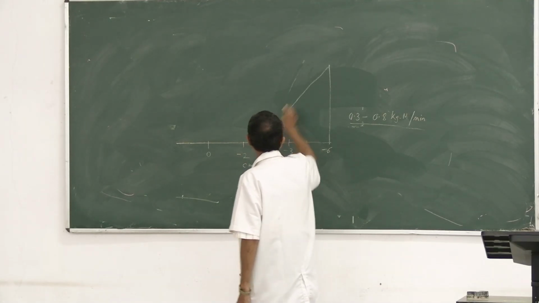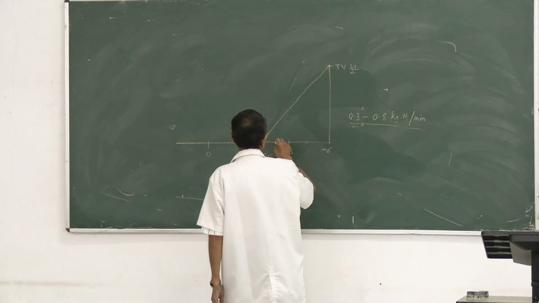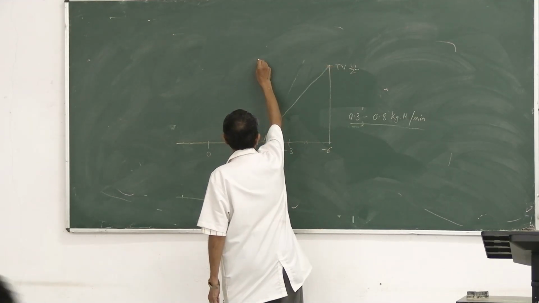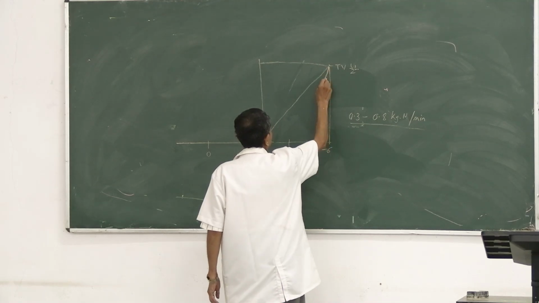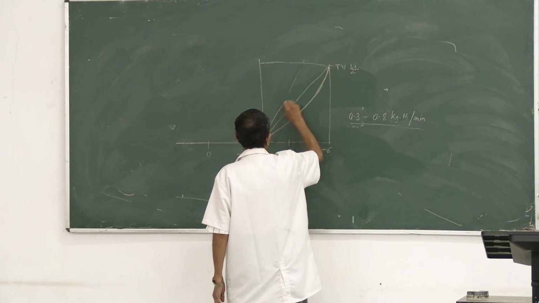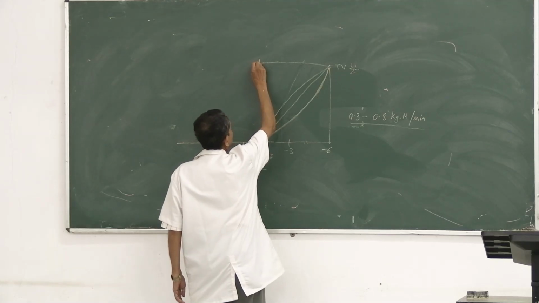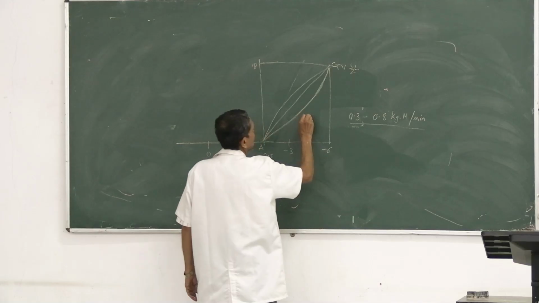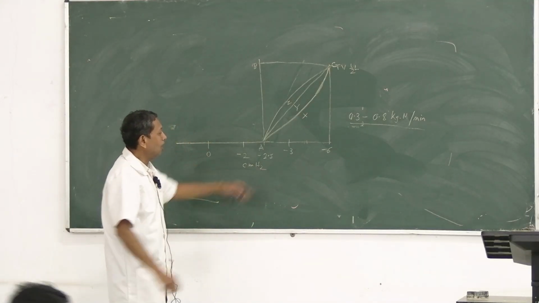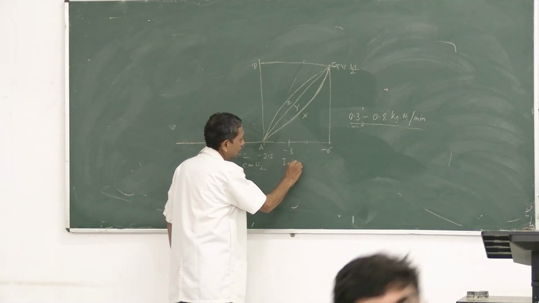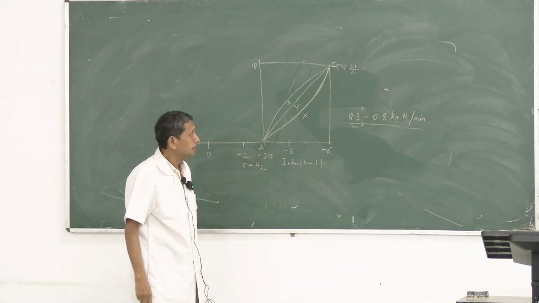and this height represents the tidal volume, half a liter in the vertical direction, and the intrapleural pressure change against the volume change here.